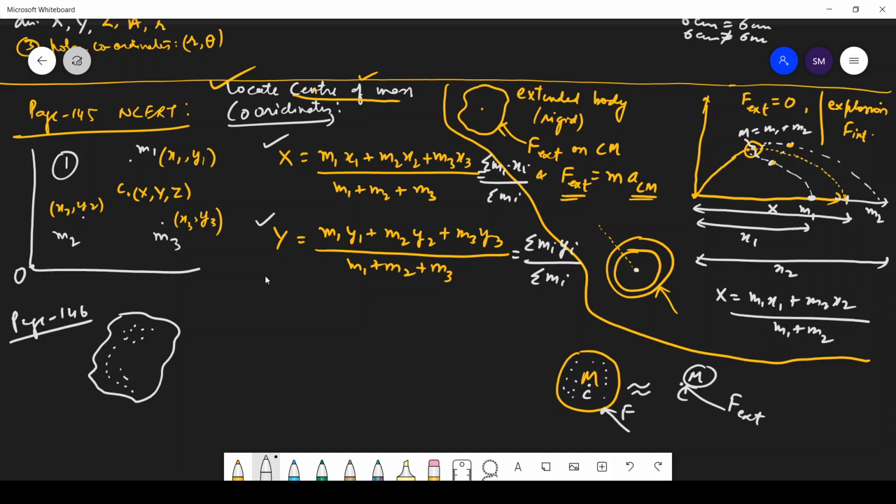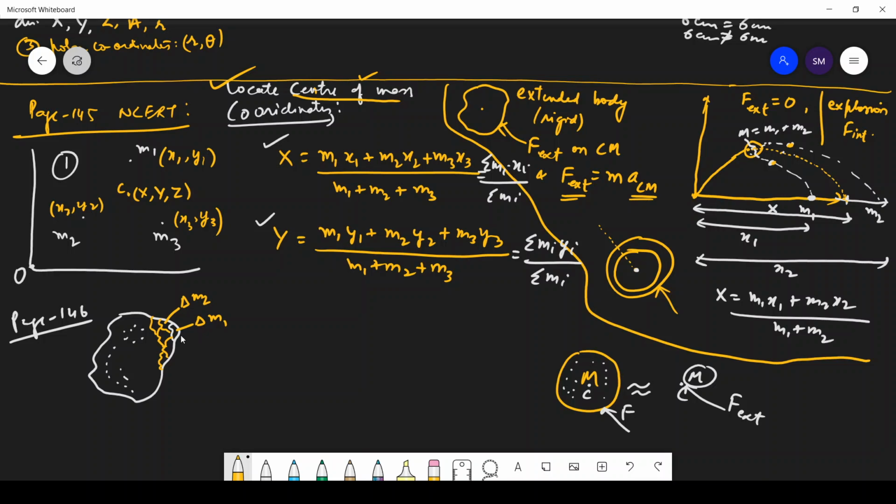We subdivide the body into n small elements of masses. So what are you going to do? I am dividing this body into small masses, okay? Suppose the mass of this small element is delta m1, the mass of this small element is delta m2.